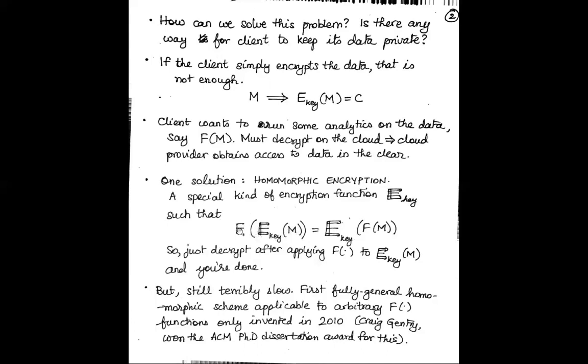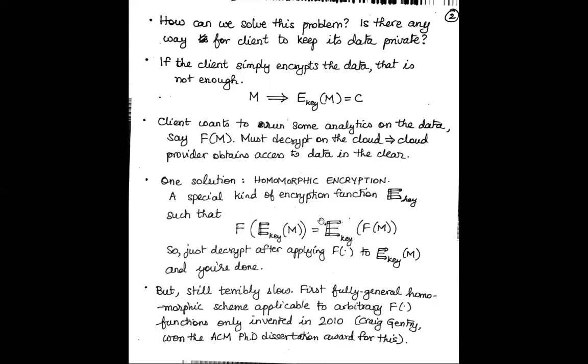This encryption is such that if I apply the function F to the ciphertext, the result that you get is the same as the result of applying F to M first and then encrypting it with that key. Okay. So as you can see, it's a very special kind of encryption. Not all encryption algorithms follow this property. So RSA is homomorphic with respect to one operation. I believe that is multiplication, but not for generic functions.